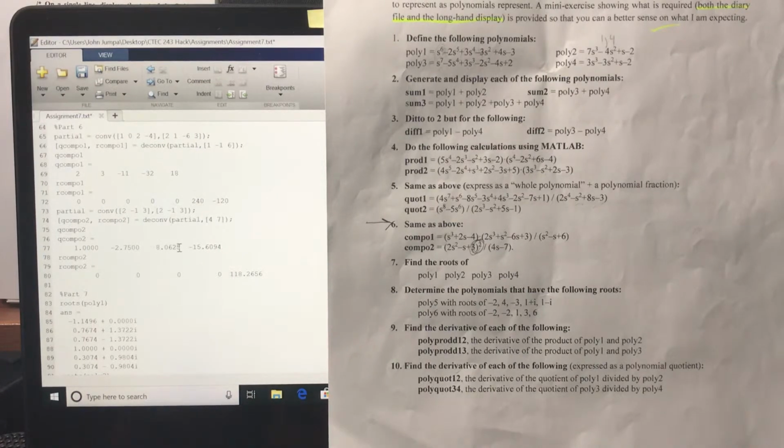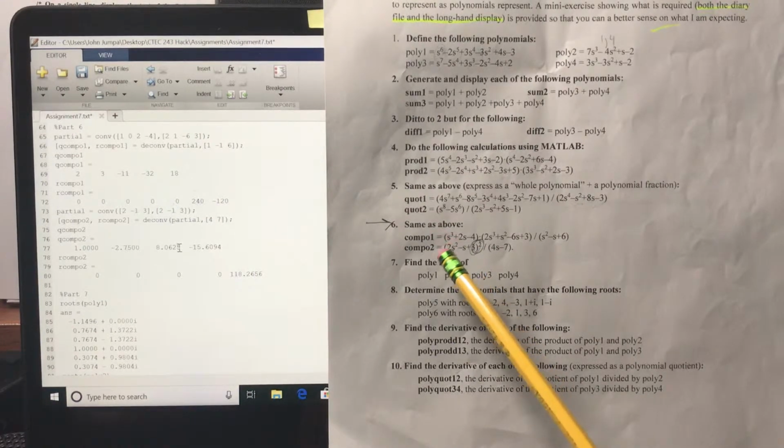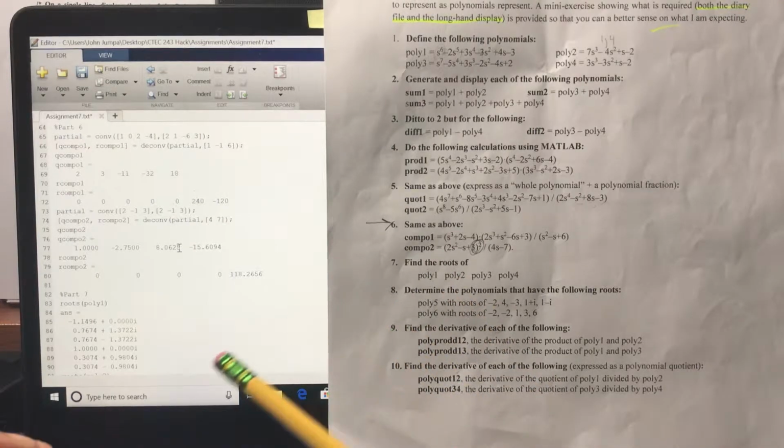Now part 6 is the same thing as part 5 and 4, except both of them combine. As you can see here, to multiply them, you could just name the first part partial. So partial equals, in parentheses and brackets, 1 0 2 negative 4 3 2 1.